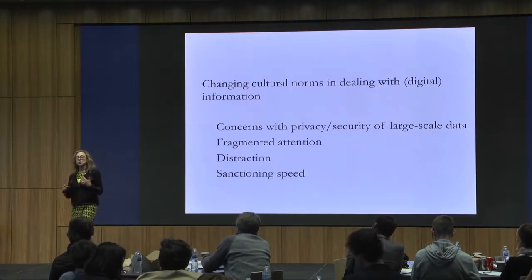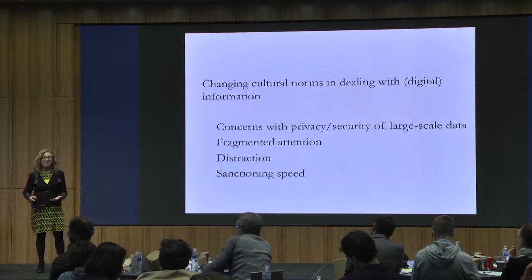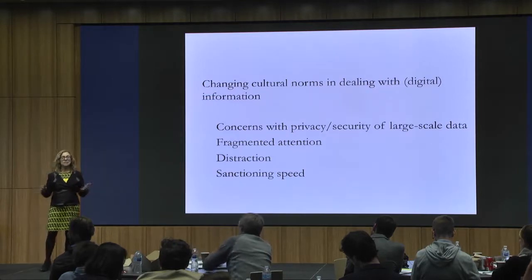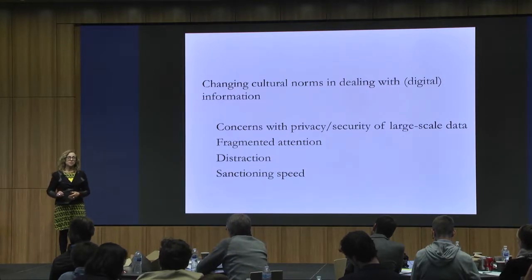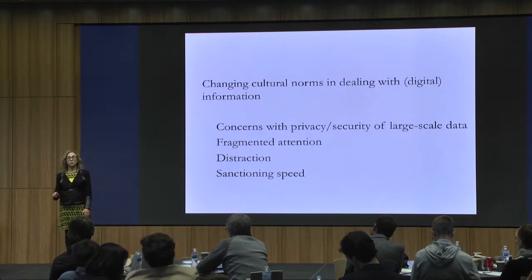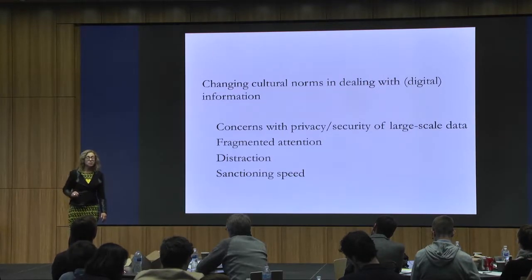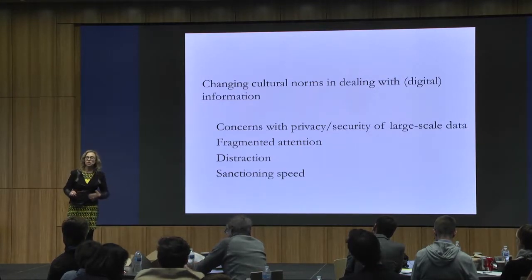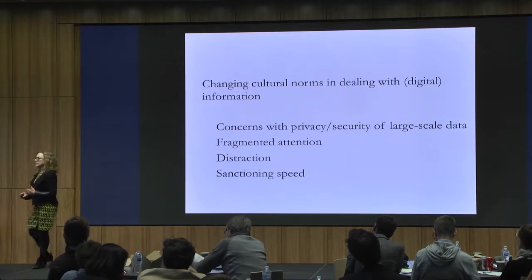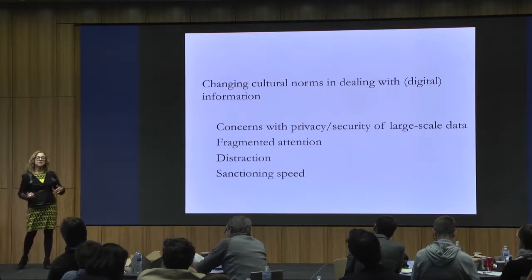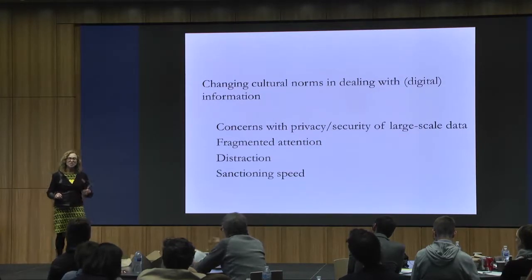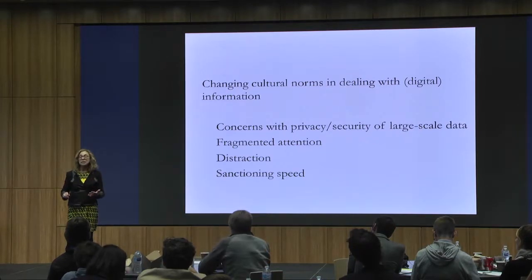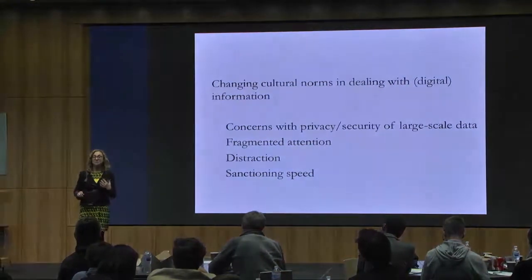People are starting to collect more and more data sets like this, and companies have been surveilling employees for a very long time. People have fragmented attention in the workplace. People are distracted, and we seem to be sanctioning speed. This is in other studies that I didn't talk about today, but the idea that there's an expectation that with email especially, people will respond fast.